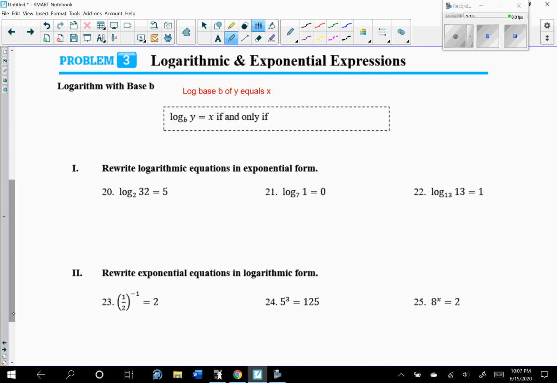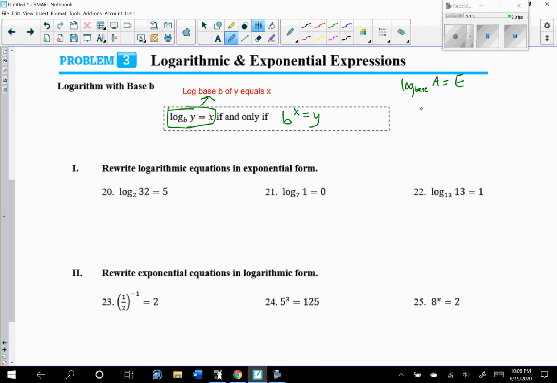So what this reads right here is log base b of y equals x. That's how you read it. So the log base b of y equals x if and only if b to the power of x equals y. I'm going to write this out. So the b is the base of the log, I'm going to call this a equals e.